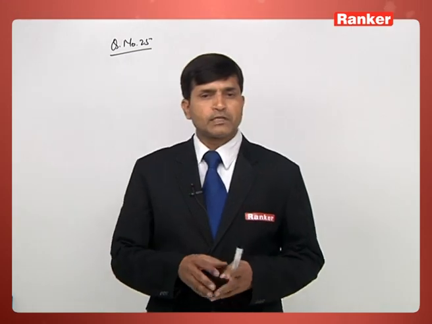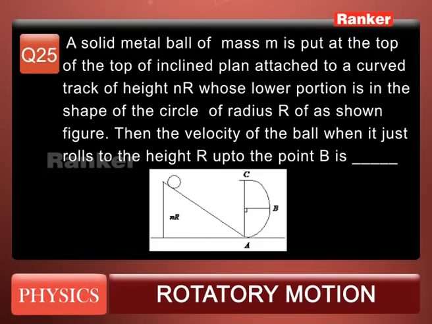Now question number 25. The question is given as: a solid metal ball of mass m is put at the top of the inclined plane attached to a curved track of height nr, whose lower portion is in the shape of a circle of radius r as shown in the figure.